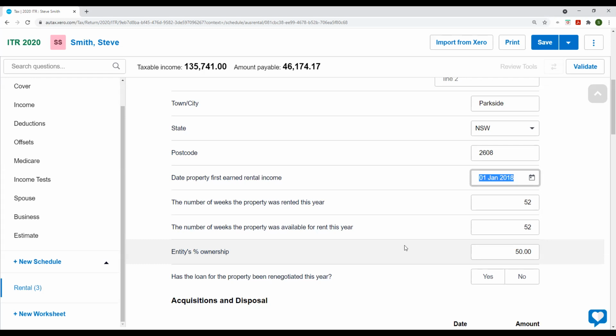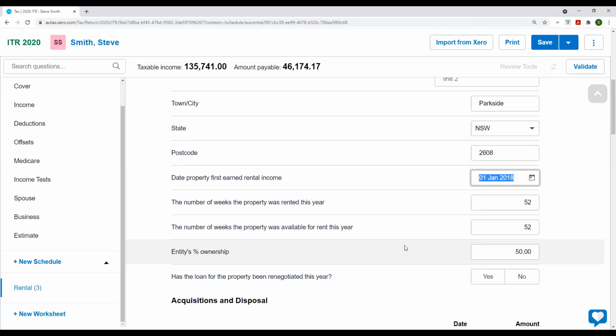When I talk about 1st of January 2018, that is when your tenant moved into the property. However, you may start advertising on the website or real estate sites around 1 or 2 months before.